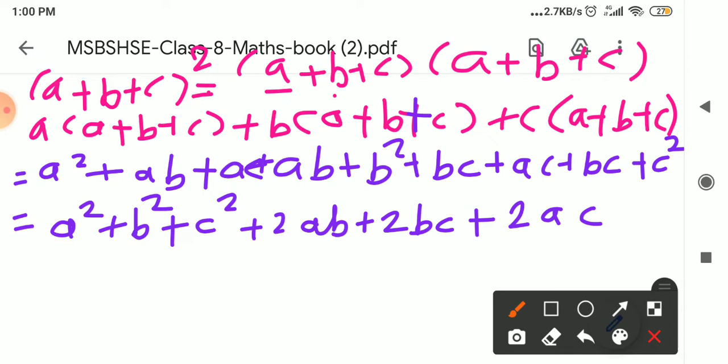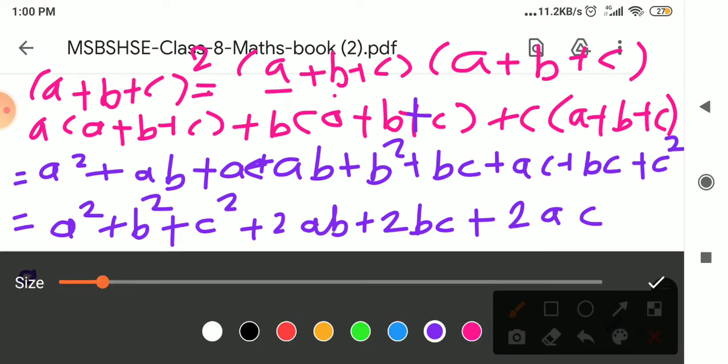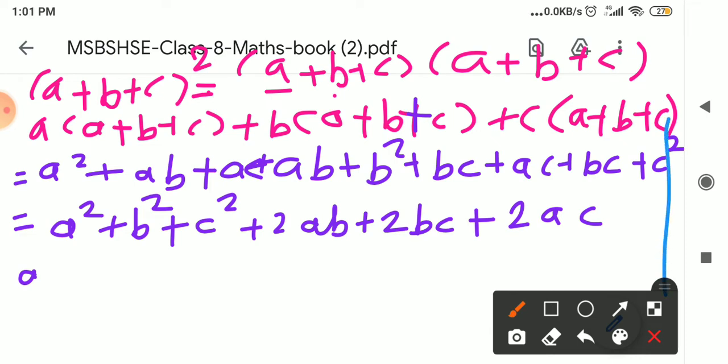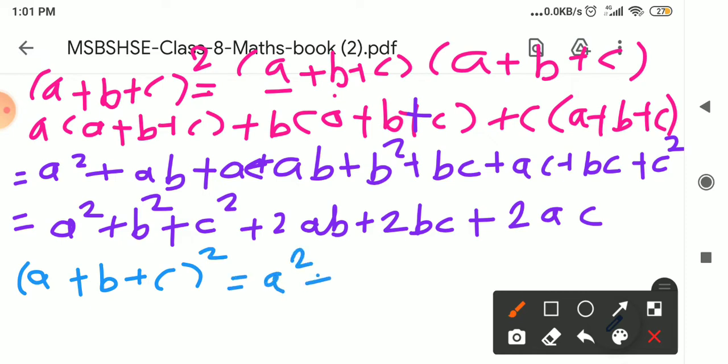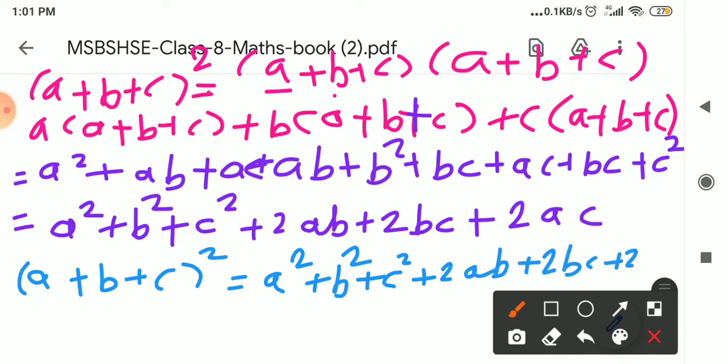So we can write it in this way: (A plus B plus C) bracket square is equal to A square plus B square plus C square plus 2AB plus 2BC plus 2AC.